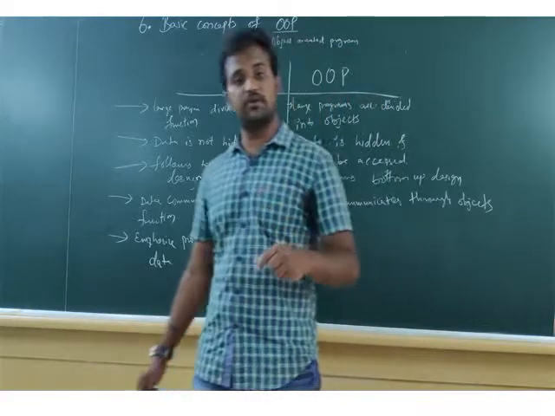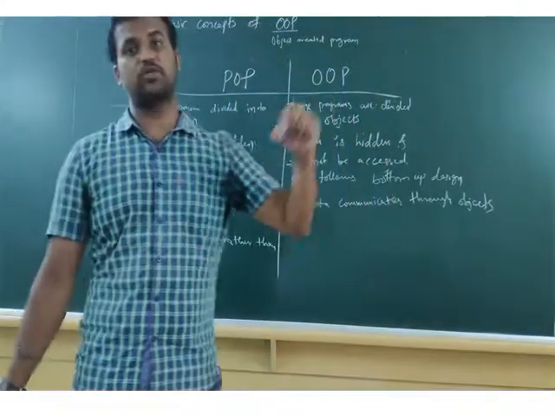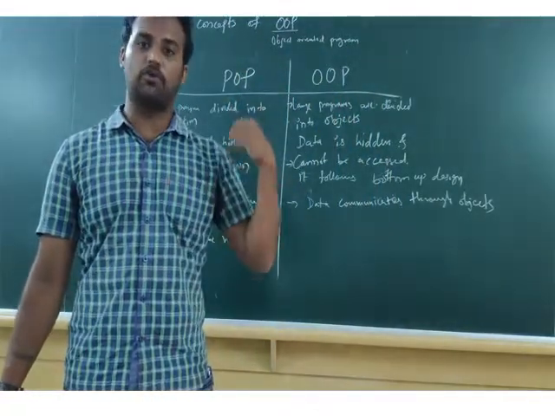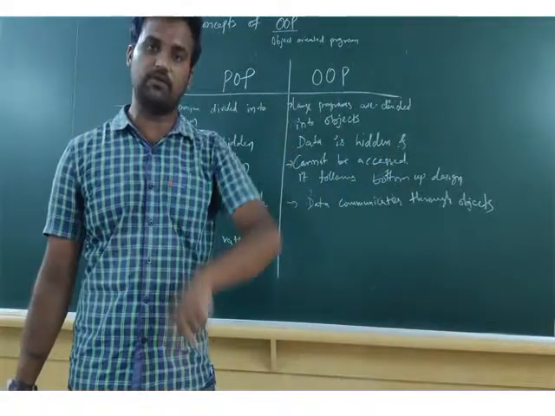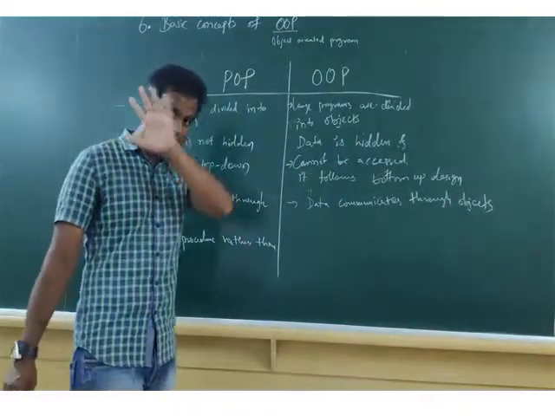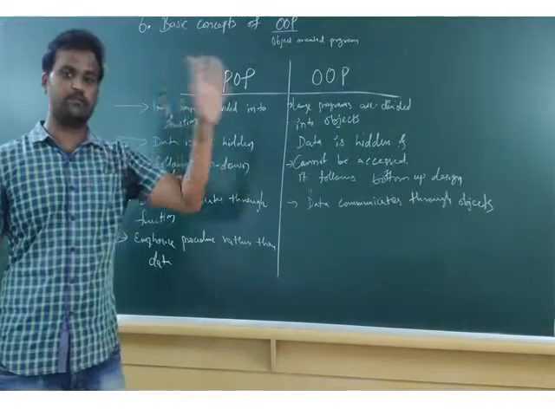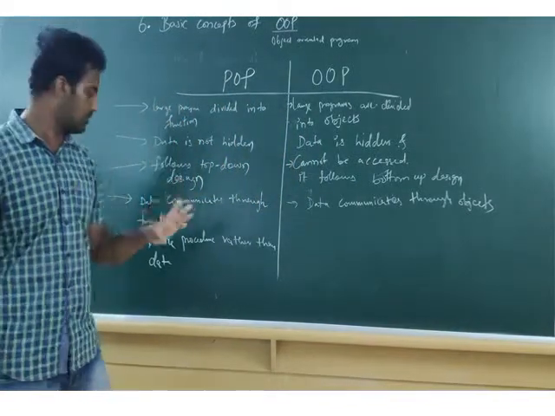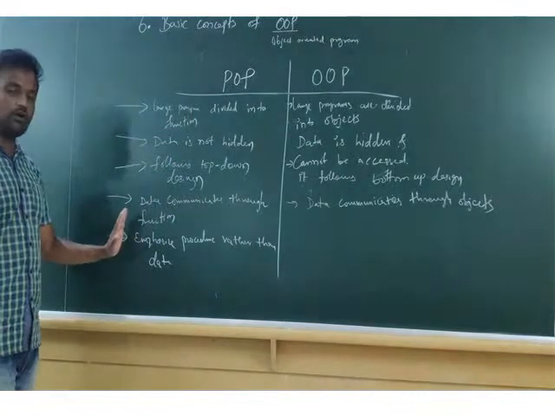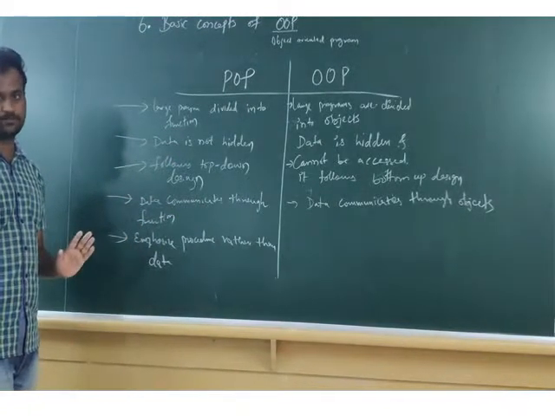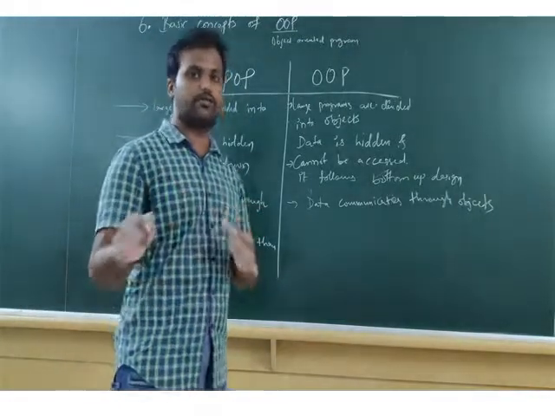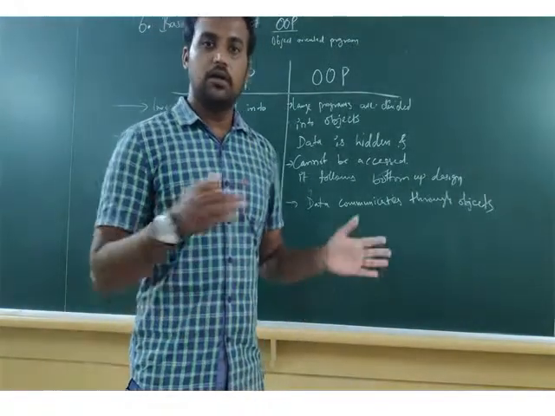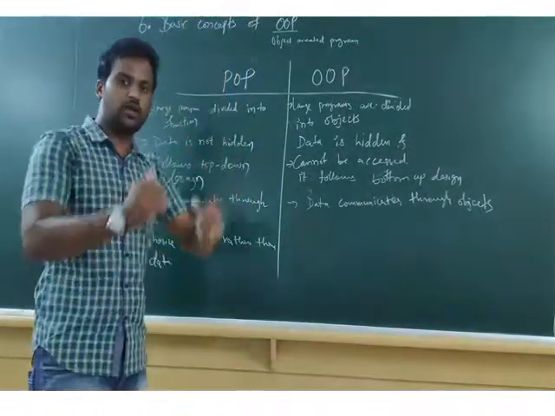Concentrating on procedure means what are all the things to write, what conditions to use, how many times to use, what data to use. Once we use that data, again we cannot use different data. So it always concentrates on procedure. Actually we want to work with the data and functions, but because of procedure we are taking too much time.